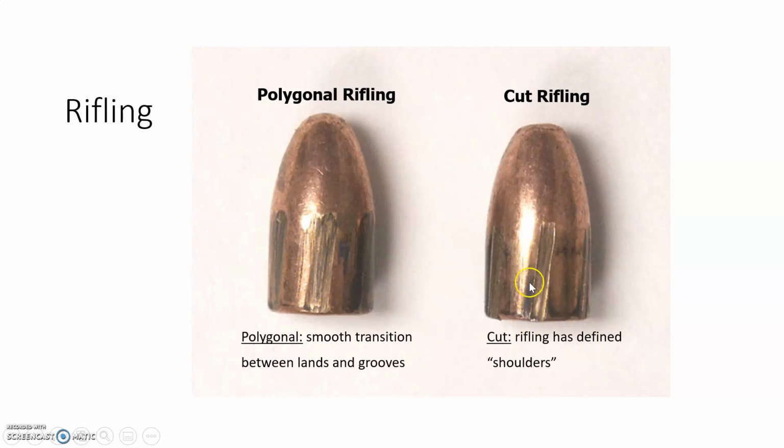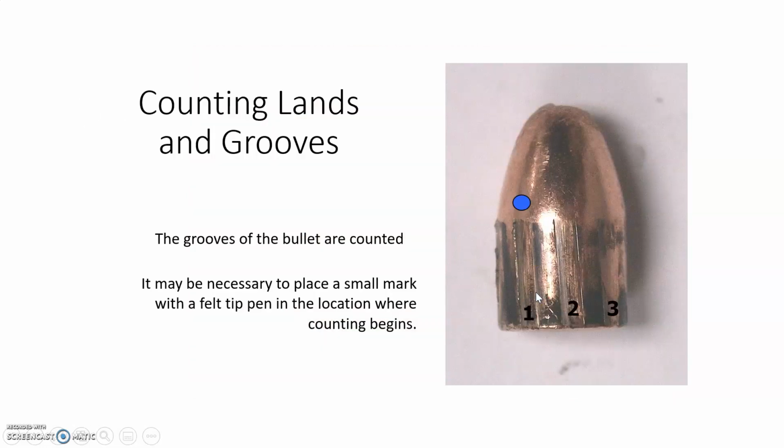So polygonal here looks a little bit smoother. If you take a look at the cut, you can see a very distinct line between the lands and grooves, and we call those shoulders. Okay, so that would be considered cut rifling. Now, in terms of the lands and grooves, as a forensic scientist, you are going to count them, right? It's going to be part of your identification of that particular bullet to a gun.